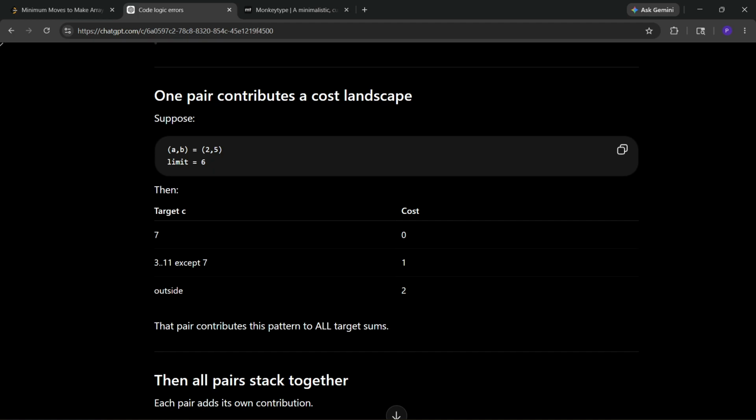Suppose a, b is equal to 2, 5 and the limit is 6. Target sum is 7.